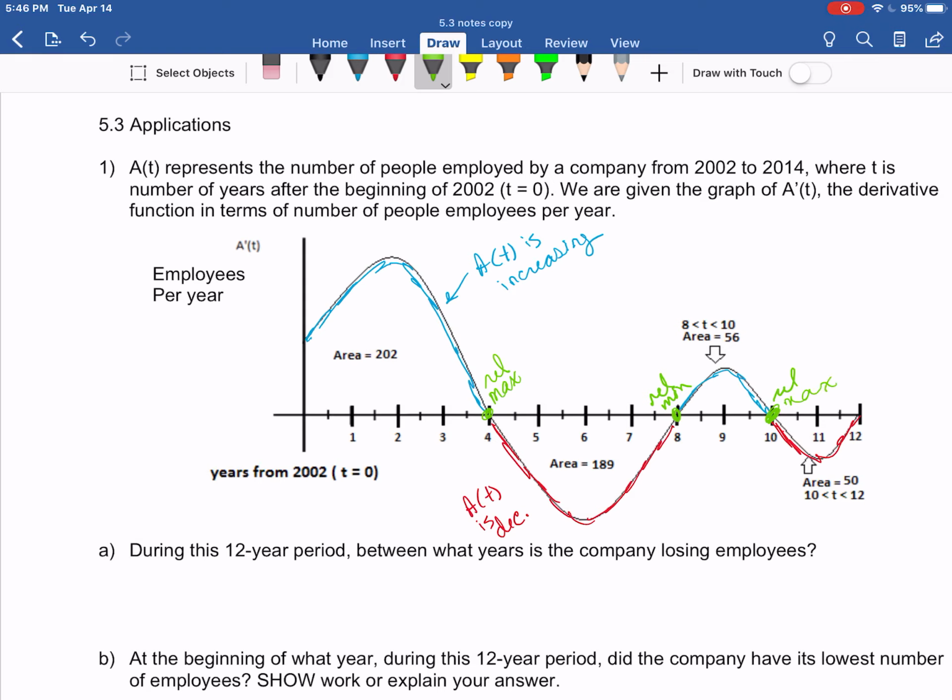Okay, so understand that before we get too far into this. Once again, t equals 0 represents the year 2002, and so t equals 1 is 2003, t equals 2 is 2004, t equals 3 is 2005. It's a little bit confusing because the numbers don't match up like you had probably hoped. Let's go a little bit further.